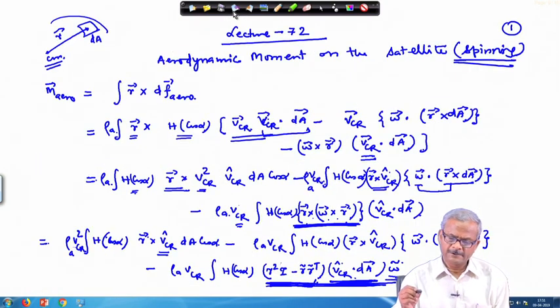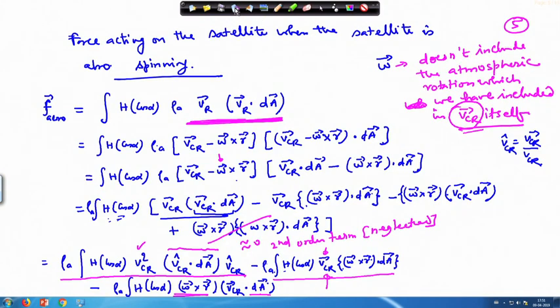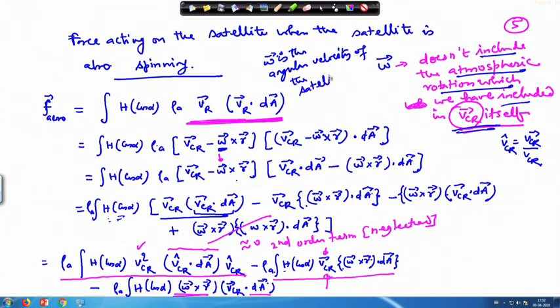Now, one thing we must be careful about, as we also discussed in the previous lecture while writing this equation: omega does not include atmospheric rotation, which we have already included in V_CR, but omega is the angular velocity of the satellite with respect to the atmosphere.